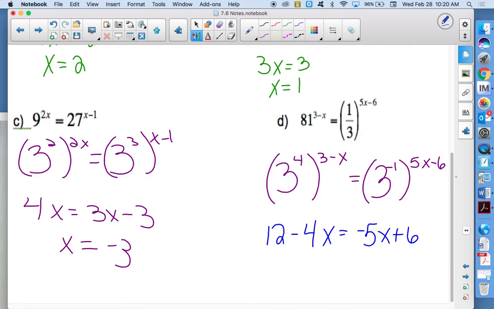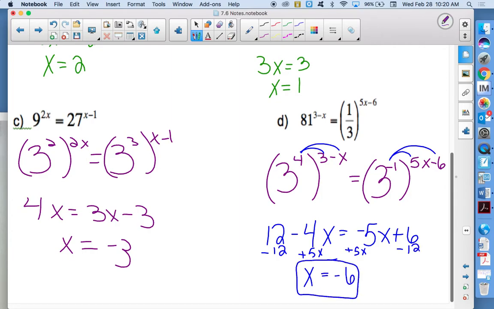Just be careful, that 4 goes to both pieces as the -1 goes to both pieces. So if we take the 5 to the left, that would give us a positive 1x. And if we subtract 12, that gives us a -6. Any questions with equating exponents? Pretty straightforward, hopefully.